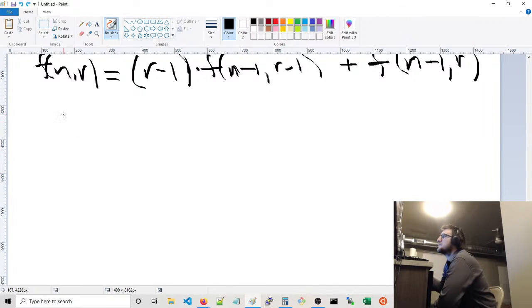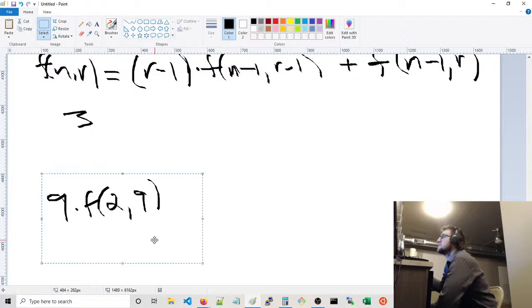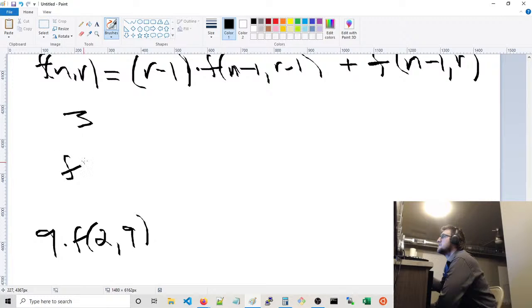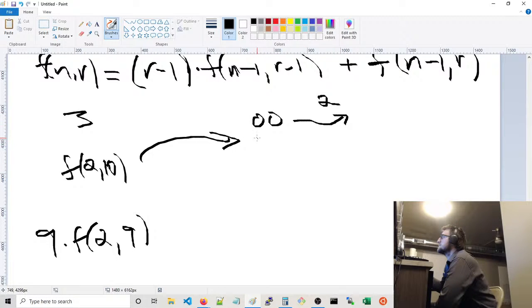So, for 3, you would have 9 times f of 2, 9 choices, and then f of 2, 10 choices, and then for your second choices, you have the choices you can make here. So 0 is selected in these cases, right? You do 0, 0, and that gives you a bunch of choices. 0, 1, a bunch of choices.